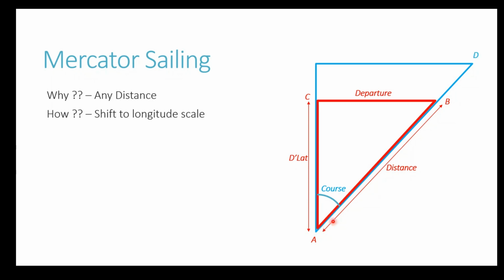In this triangle, let's name the vertices as D and E. Now the side DE is the D long between our initial and final positions. So the D long is measured using the longitude scale, or minutes of longitude. We have not measured it as departure; we have measured the east-west stretch between our initial and final position in longitude units as D long.